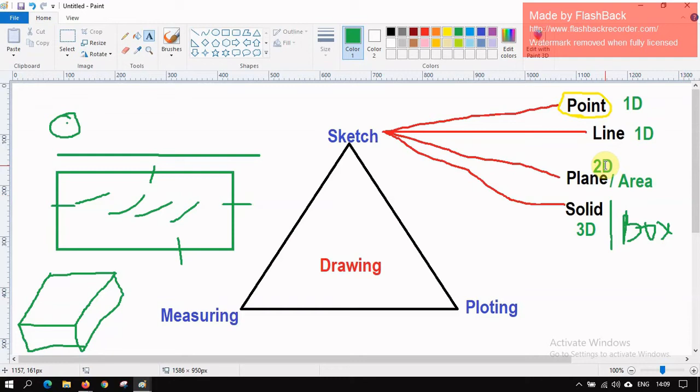So 2D is nothing but a combination of lines joined together in a simple way. I'll be talking about this in detail later. The thing is that you have to pay attention.